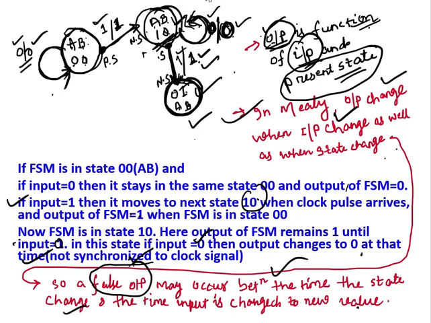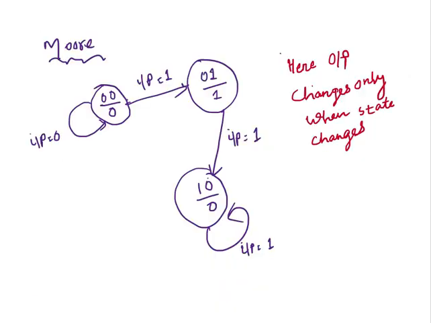Definitely our next state should be this one, but if 0 comes, because the output is not depending on the clock, we have another next state, which is the same state. So the possibility is there that it may generate a false output. A false output may occur between the time the state changes and the time the input is changed to a new value. But in the case of Moore, it doesn't happen.